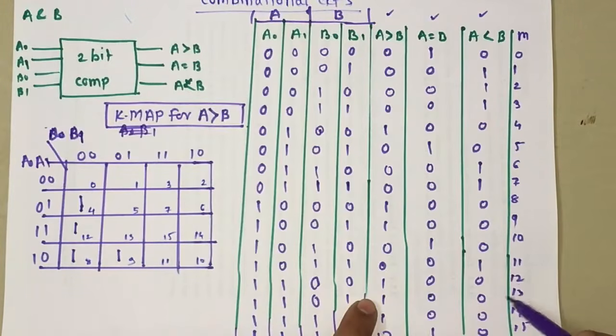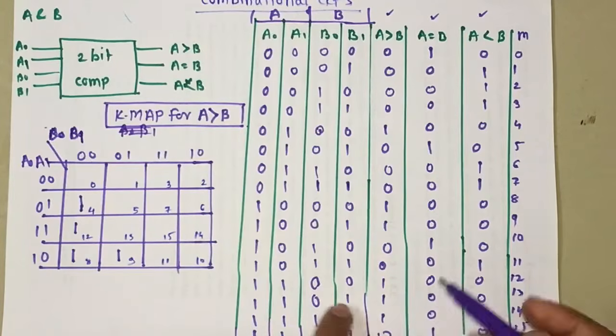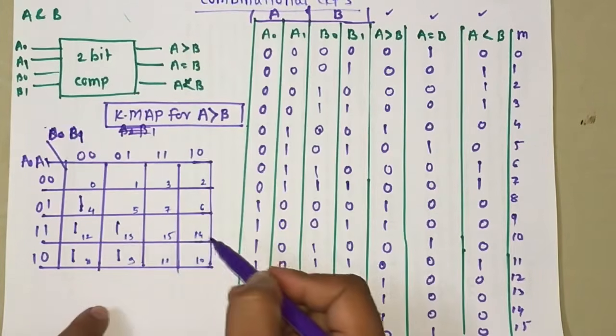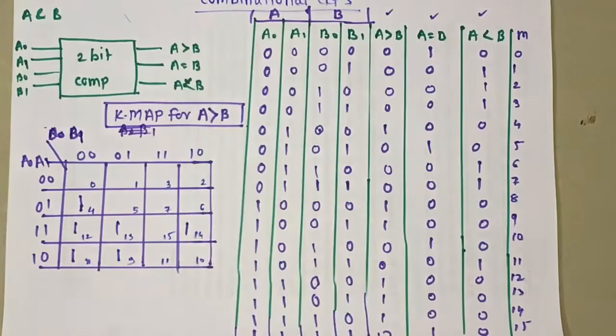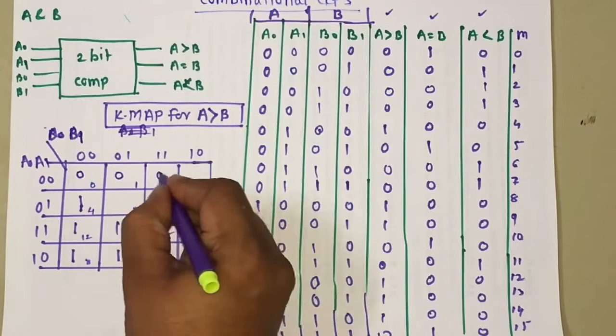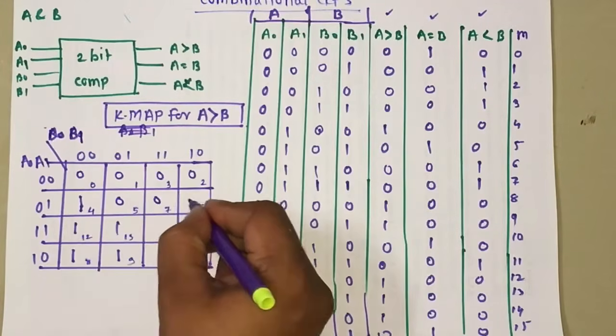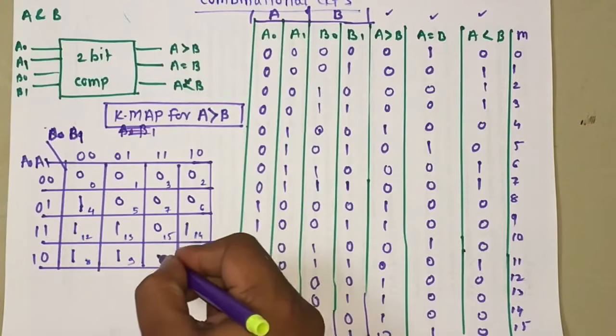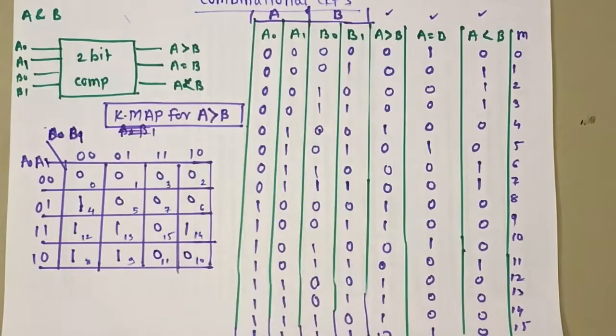M12, M13 and M14. 13 is also 1 and 14 is also 1. Okay, 13 and 14 are 1. So in this way we have put the values of min terms in this K-map, and the remaining values are 0, 0. This is 0, 0. Then what is the next step?